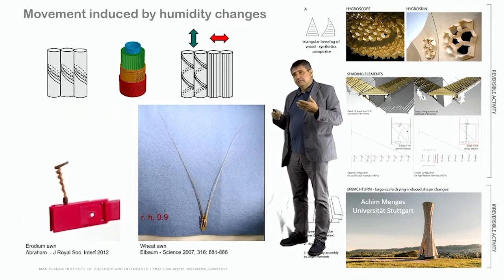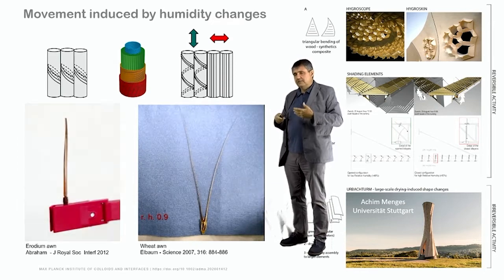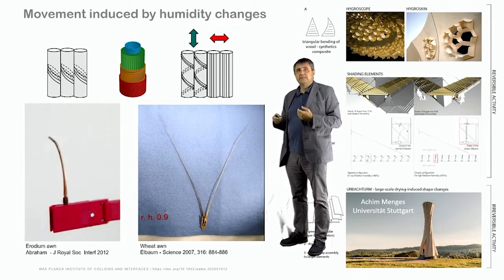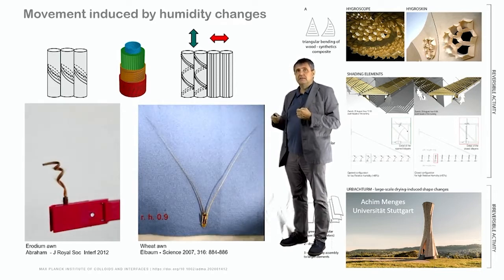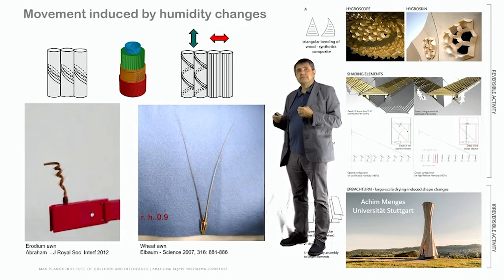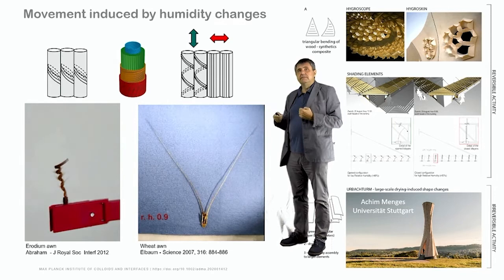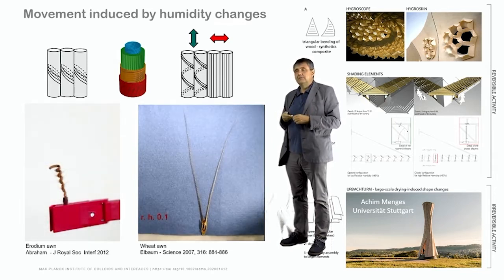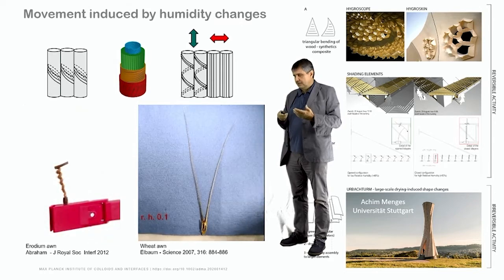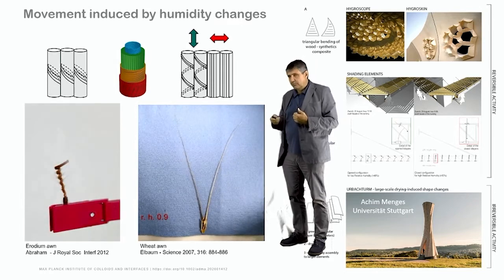And how is this converted into this movement? It's converted by an internal architecture of, in this case, cellulose fibrils that are in these awns and that allow this conversion of water absorption to a specific movement.